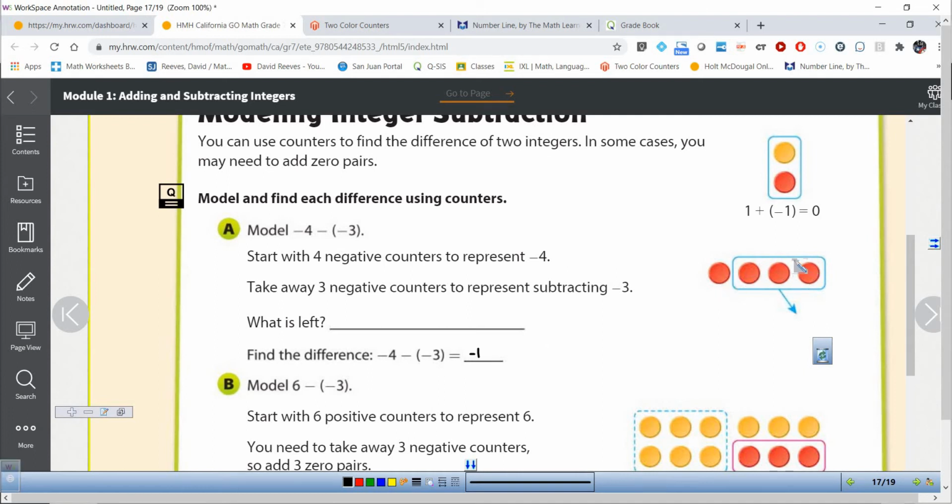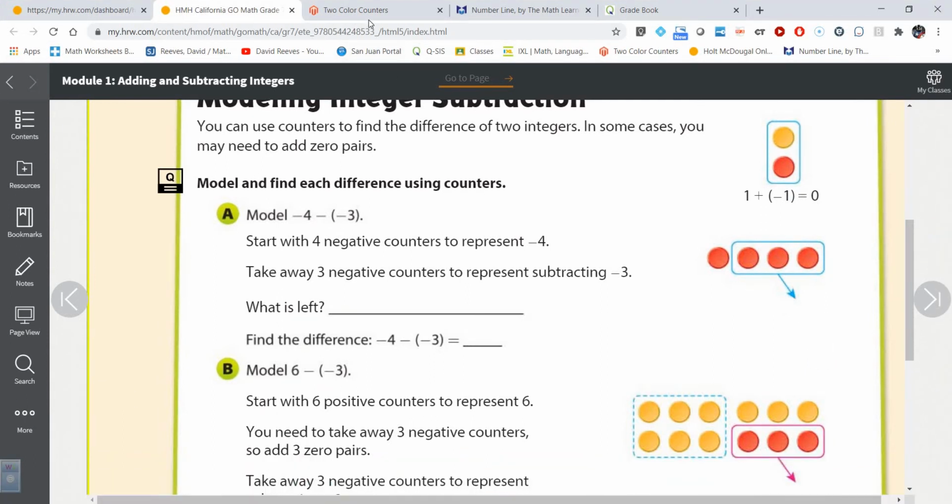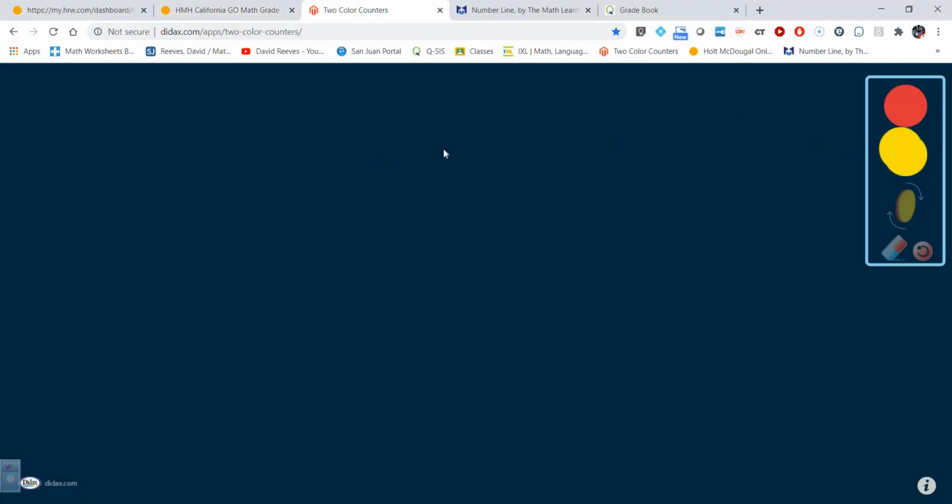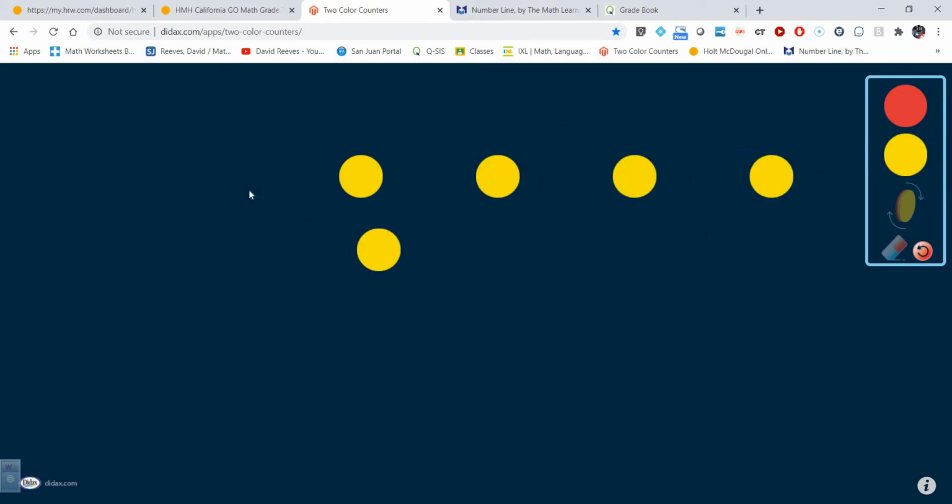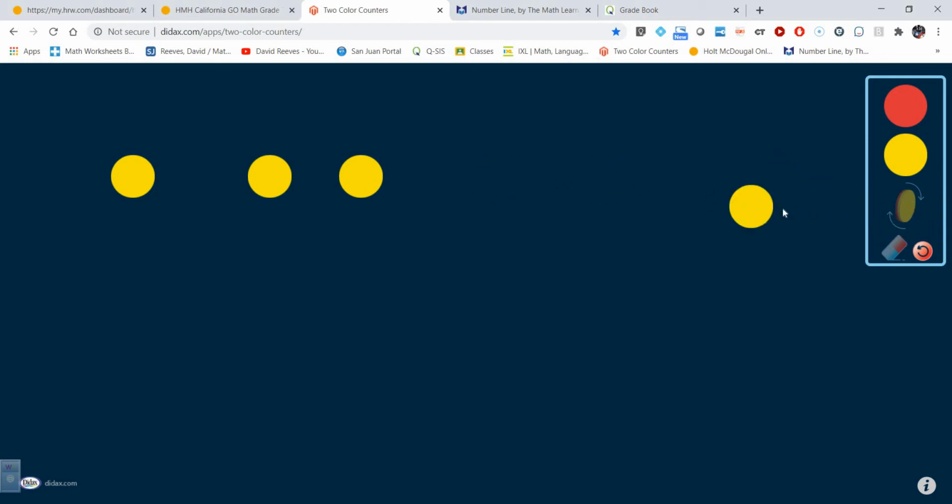No problem. As long as you have more to start with than you are trying to take away, you can just subtract. For example, I'm going to do positives: 1, 2, 3, 4, 5, 6. I have 6 positives and I want to take away 4. What am I left with?